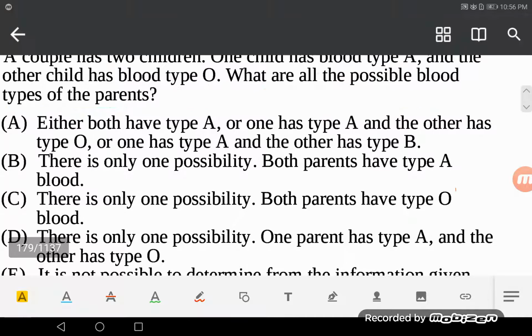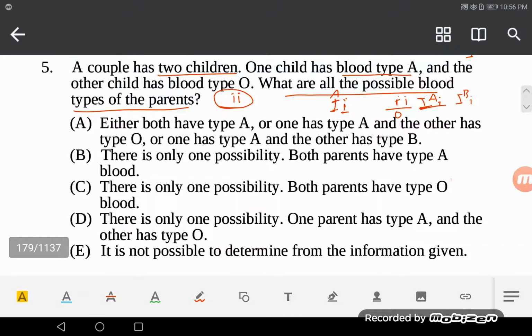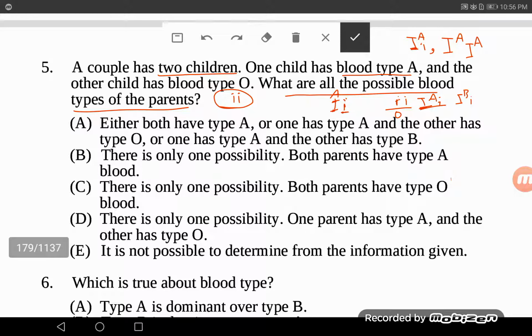In all of these cases, the second parent can donate one of the O alleles, the small i, and in the other parent maybe it will be like this.